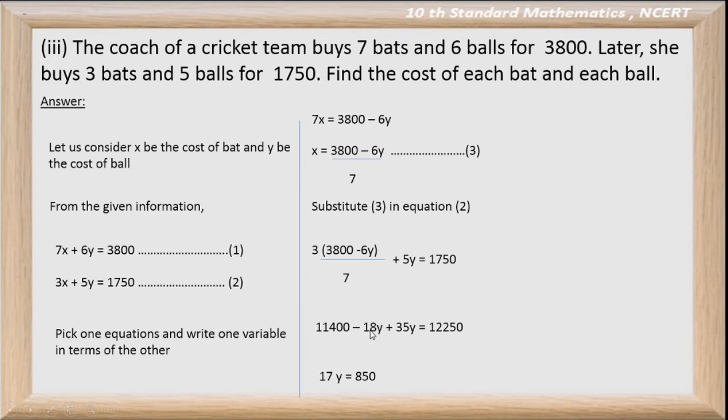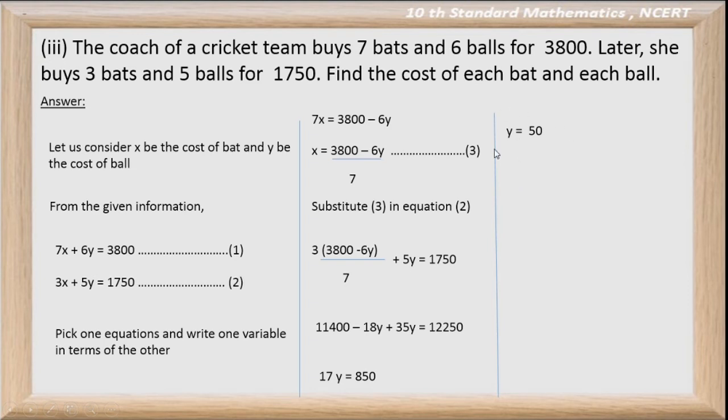Now minus 18y plus 35y is 17y equal 12,250 minus 11,400 is 850. Now divide both sides by 17. So y equal 50.